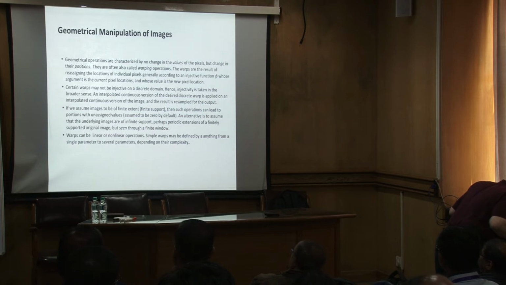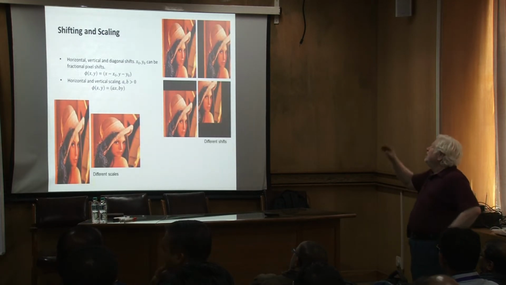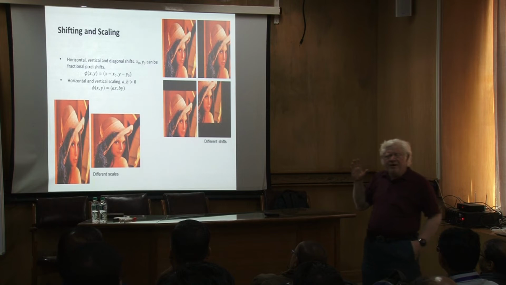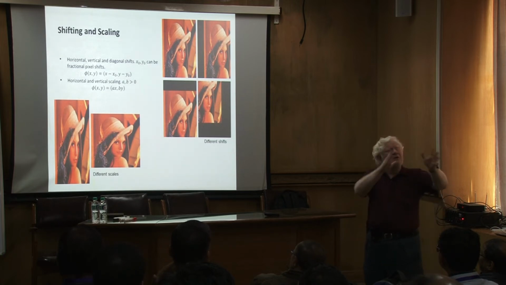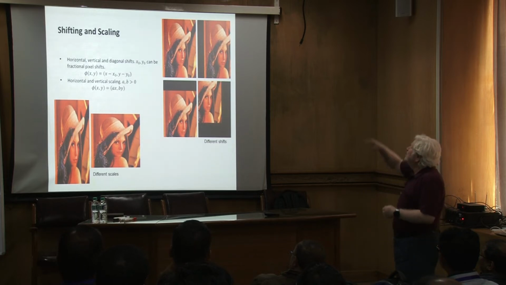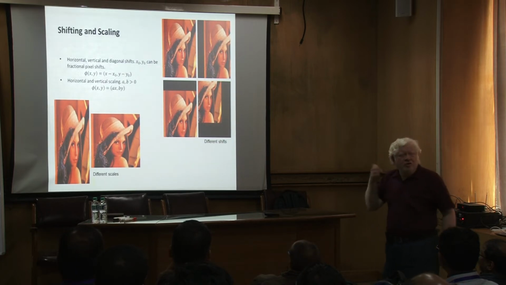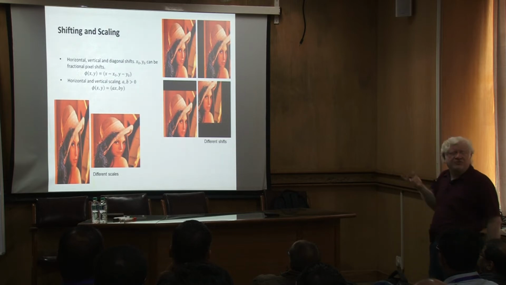The Lena picture is very, very interesting because, to evaluate the performance of an algorithm, you should have all kinds of features on the image. You should have textures. Lena's hat has got a nice woven texture, you can see. So, we can see how our algorithm worked on the texture.